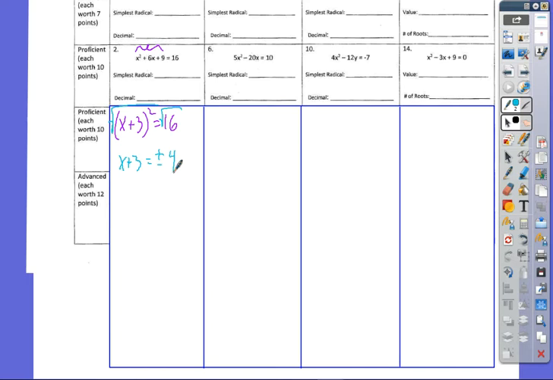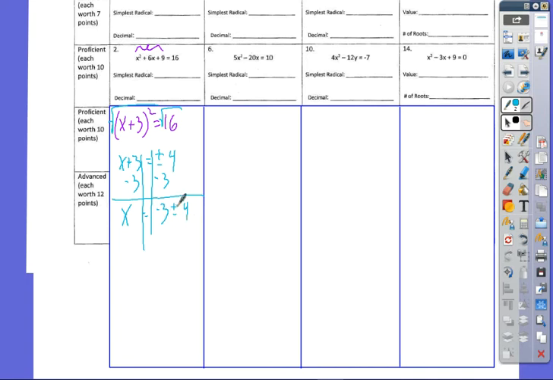So then, let's subtract 3 from both sides of the equal sign, and I get x is equal to negative 3 plus or minus 4. Now, we are not going to have an irrational answer here. So let's go ahead and give us the simplified answer.